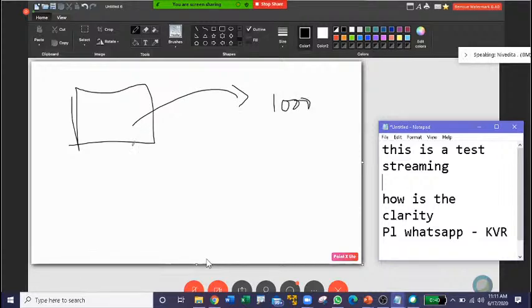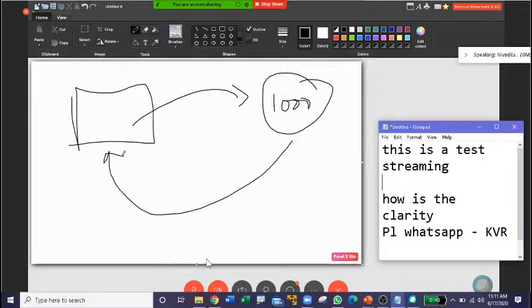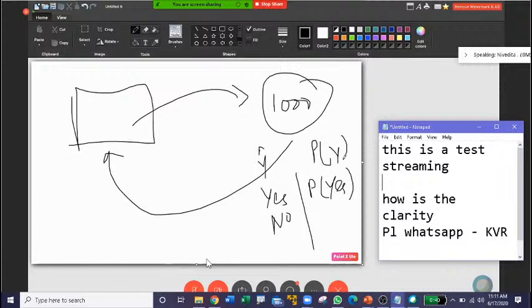I predict whether he responds yes or no, and what is the probability of responding as yes. I believe you understand this probability. So I predict my target variable, I call it y hat, and I predict the probability of y. So how likely, this is the term that we use, how likely this person is to respond.